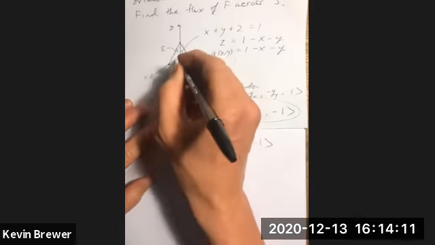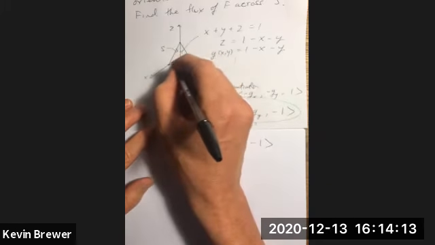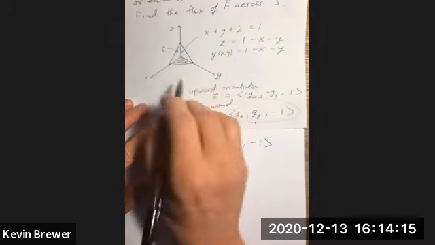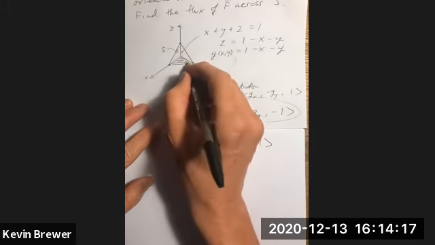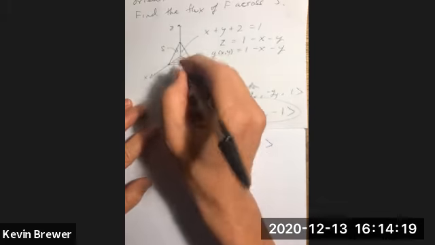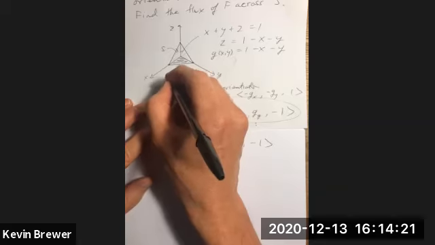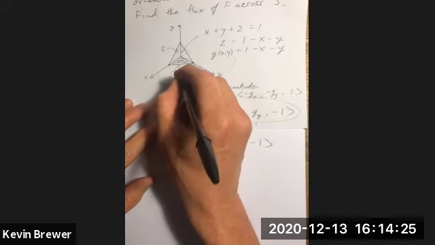We're integrating over this region in the xy plane. This is the line y equals 1 minus x.